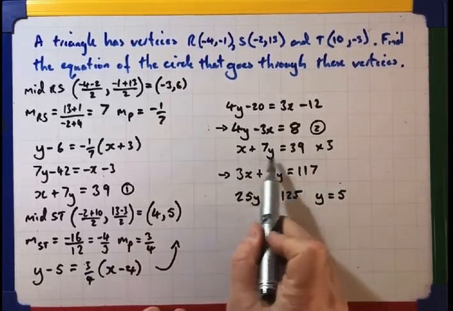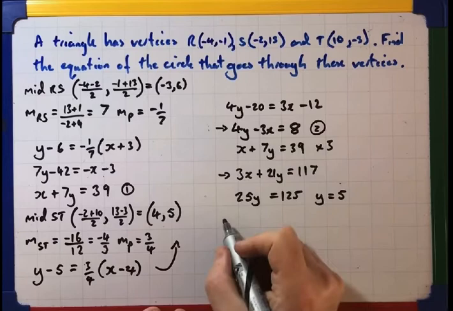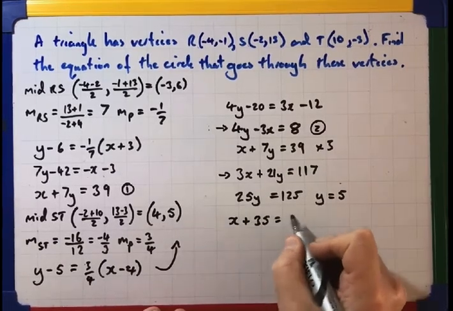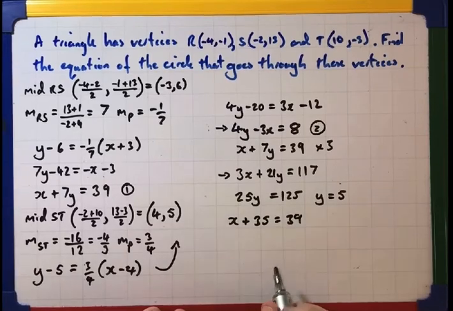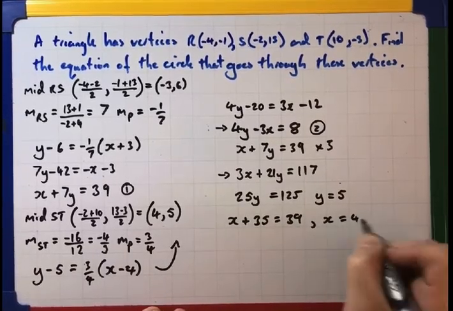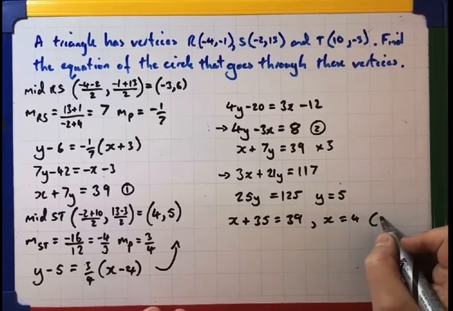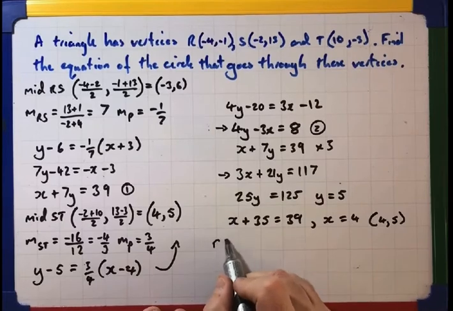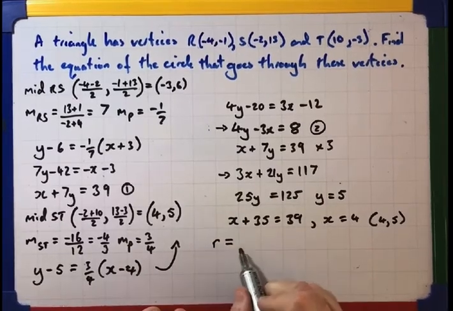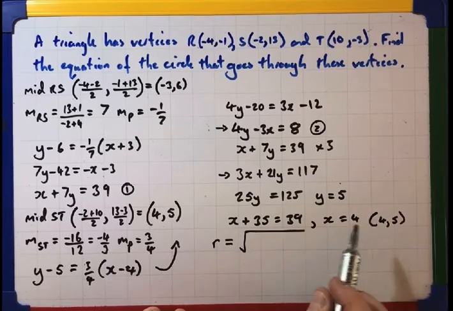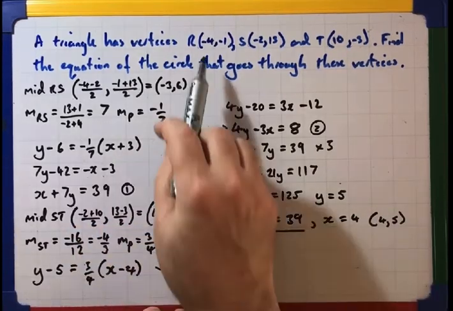And if I put it back into this one, that's x plus 35 equals 39. So what we have is, that'll give us x equals 4. So we know our centre is 4, 5. Radius-wise, remember, we can go from the centre to any of our 3 points. So let's pick that one, okay?